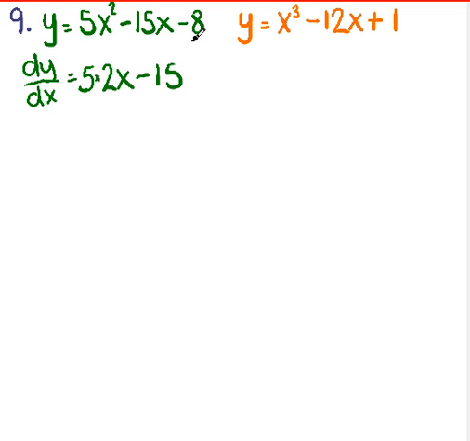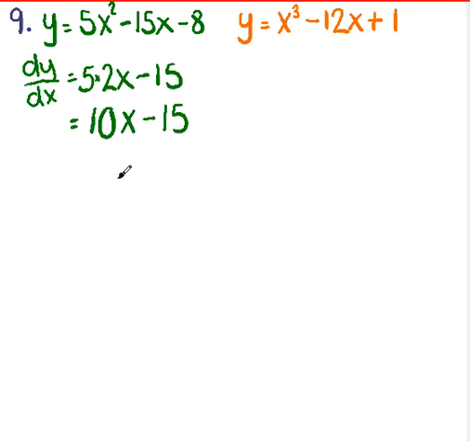And if we differentiate minus 8, it just disappears. So that gives us 5 times 2x is 10x minus 15. So this is an expression for the gradient of our first graph.